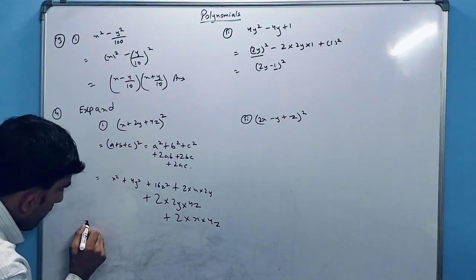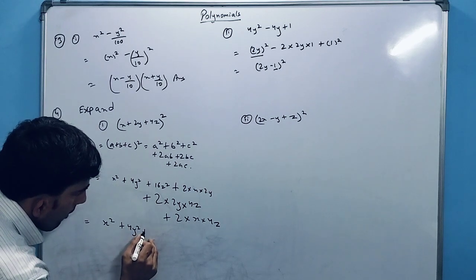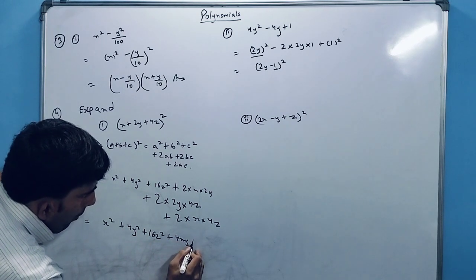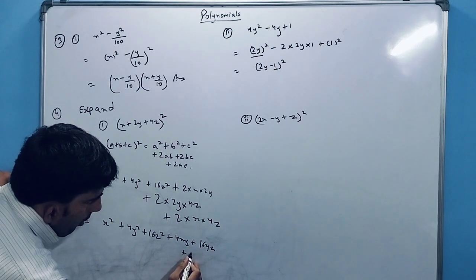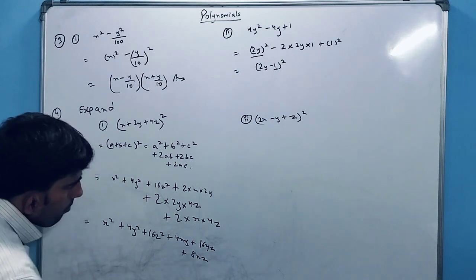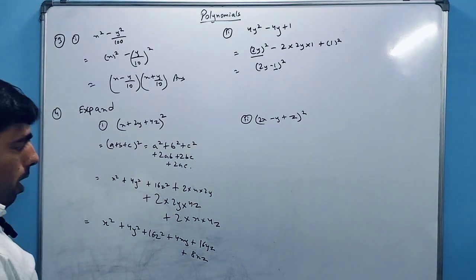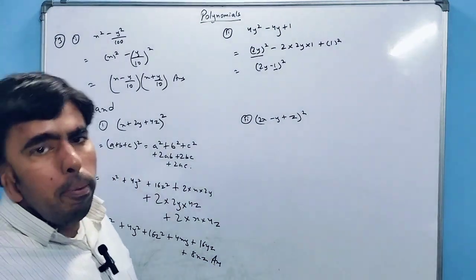So finally I have got x square plus 4y square plus 16z square plus 4xy plus 16yz plus 8xz. So that is how I am able to solve my numerical.